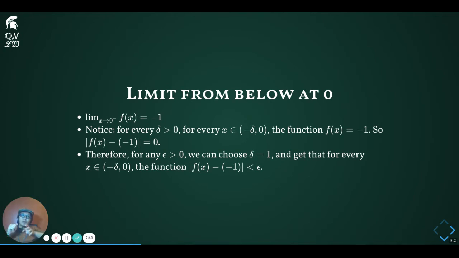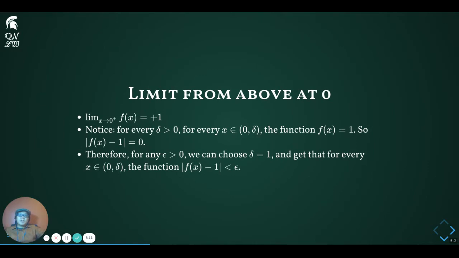And so its difference with minus 1 is less than any positive epsilon. So we can say that for any positive epsilon, we can choose our favorite delta, say 1, and conclude that for every x between minus delta and 0, the difference of f of x and minus 1 is less than epsilon. And this shows convergence of f to minus 1 as we approach 0 from below.